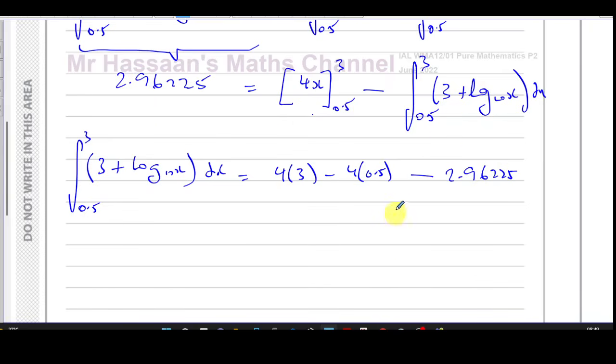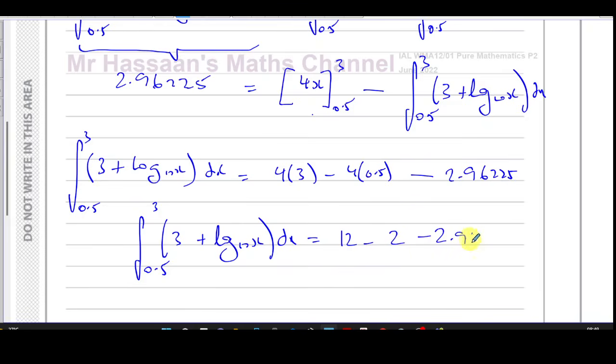Just subtract this from both sides. So now I've got something which I can work with here. I know this is what I'm trying to find the value of, and I know it's equal to this, which is 12 minus 2 minus 2.96225.